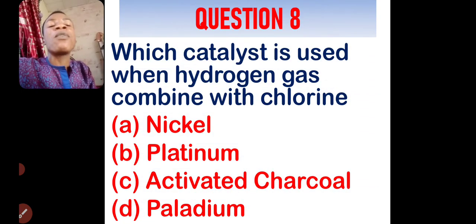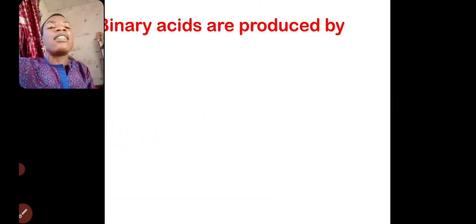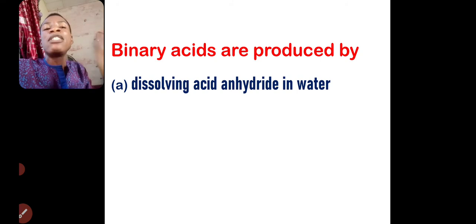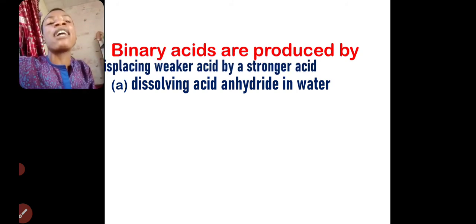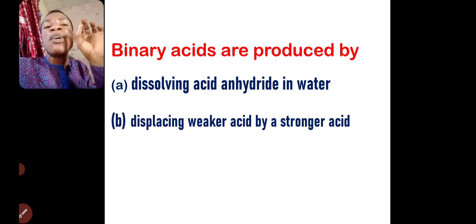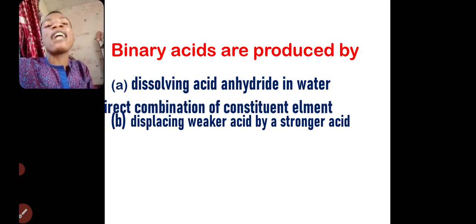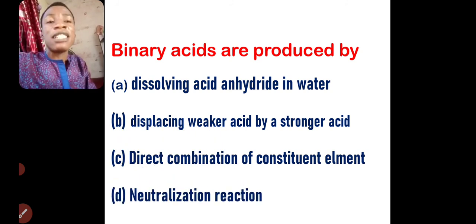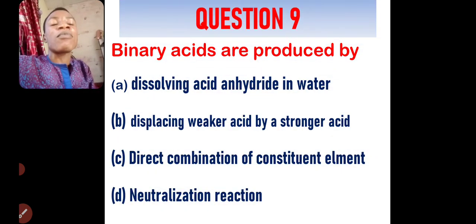That's our question number 8. Question number 9. Binary acids are produced by what? Is it by dissolving acid anhydride in water? Is it by displacing a weaker acid by a stronger acid? Is it by direct combination of constituent elements? Is it by neutralization reaction? That's our question number 9.